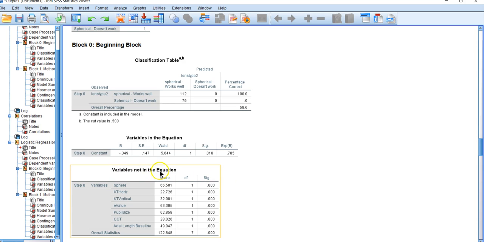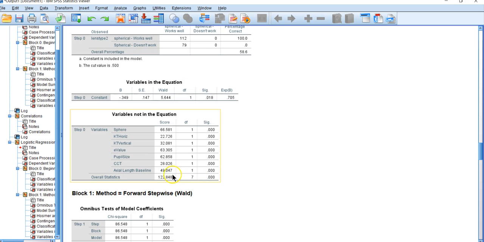And for the variables that are not in the equation, do they correlate with the type of lens? Notice that every variable is significant. Everyone is significant. And if we look, we can find what's the biggest one. The greatest number on this Wald statistic is 66.581. That means sphere is the best predictor, and so step 1 is going to have sphere in it.